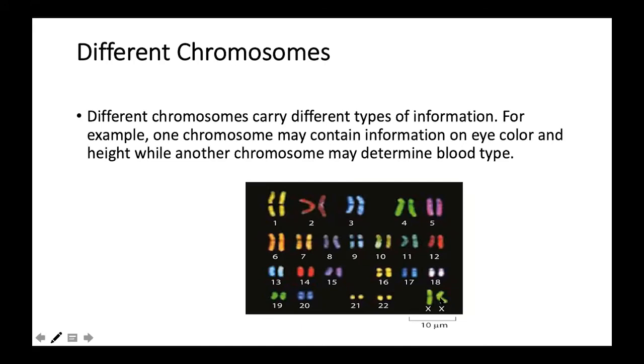The last one determines the gender. The last pair of chromosomes for female is made by 2 X chromosomes, and for male it is made by 1 X chromosome and 1 Y chromosome. Okay?